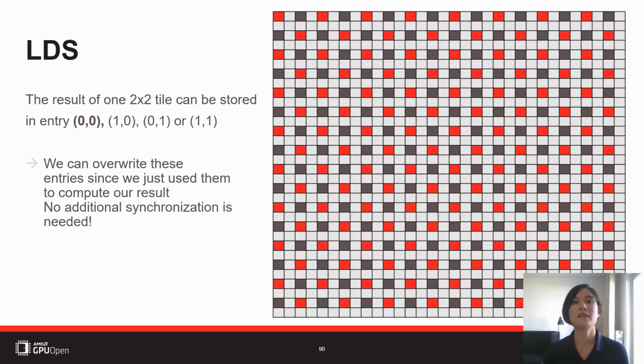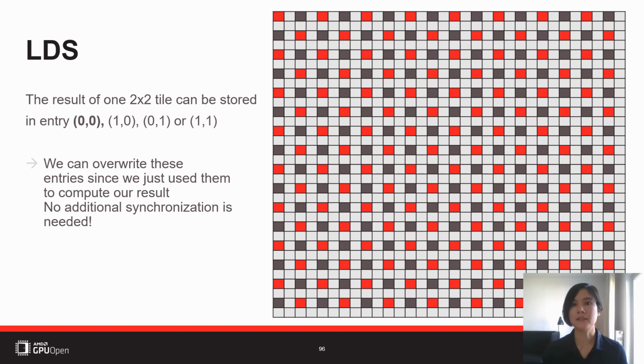And then they're storing their output values again to local data share to compute the next MIP level. So this is the output value of MIP level 2, and we need to store them into LDS to do a reshuffle again so we can compute MIP level 3. So where to store the LDS values now? It's important that each thread stores its output value into one of the entries where it originally loaded the values from, so we don't need any synchronization between the load and store to LDS.